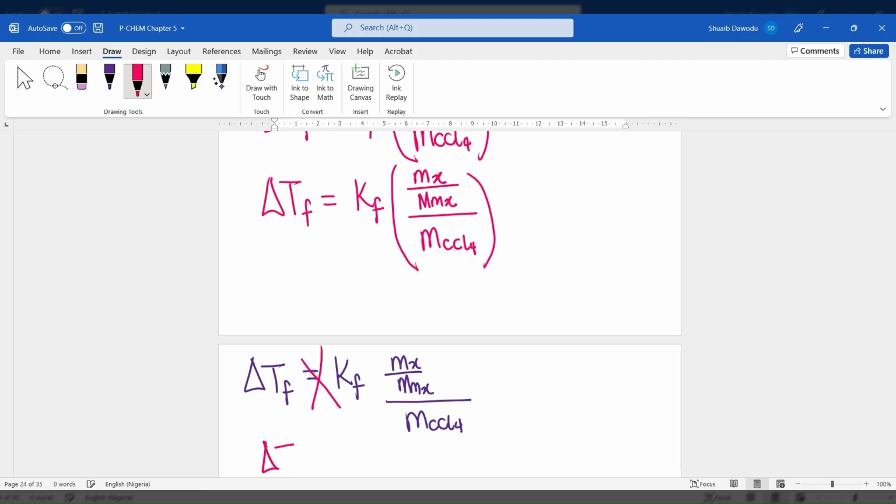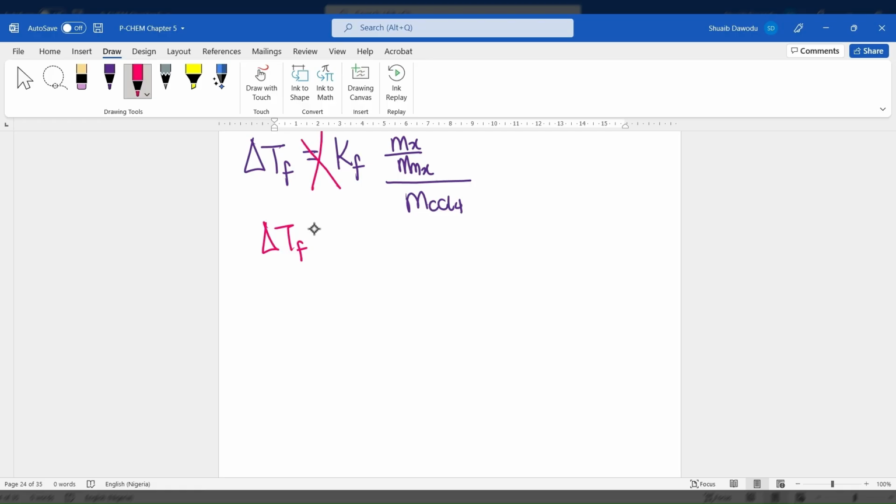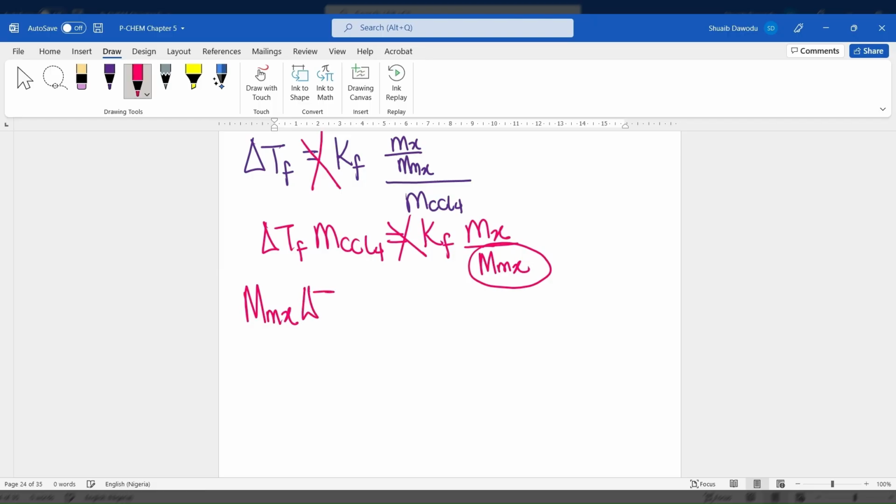That will be change in T sub F multiplied by m CCl4 is equal to K sub F m sub X divided by MM sub X. Do another cross multiplication again. Remember, we're trying to solve for the molar mass of X. So we end up with MM sub X times change in T sub F times m CCl4 equals K sub F m sub X.